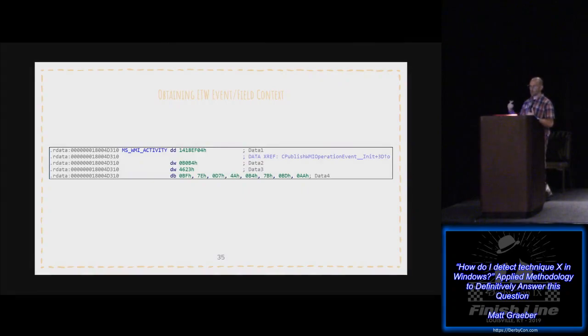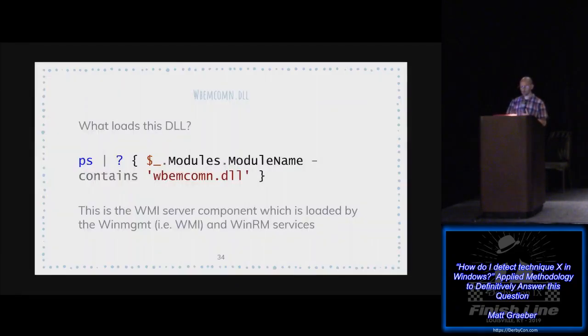Considering we're talking about PEs here, PE has section headers, so we can map the file offset to the virtual address. We can map that file offset directly to the address in IDA and have it take us directly to where that ETW provider GUID is defined in the code, which is pretty cool.